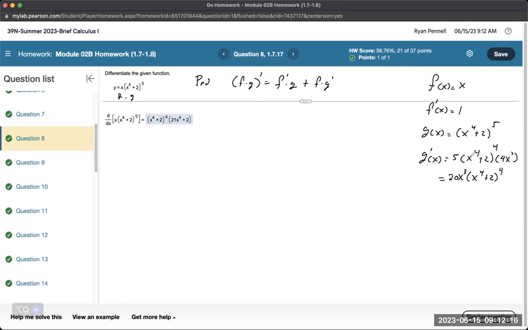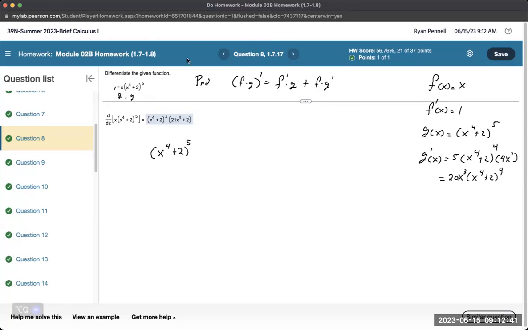All right, there are my pieces. Okay, so let's put them all together. Now we want f prime. That's just a 1. That's easy enough. And then g, (x to the fourth plus 2) to the fifth. I can get rid of that 1.